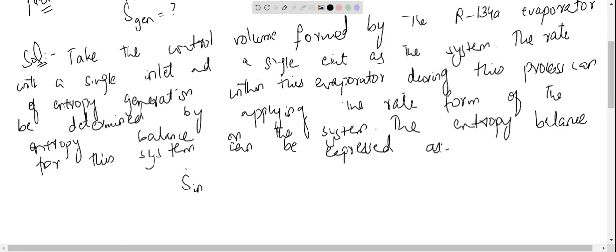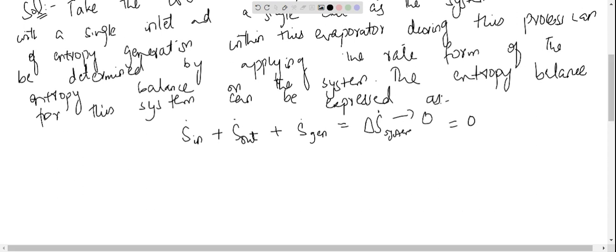The rate of net entropy transfer by heat and mass plus the rate of entropy generation equals the rate of change of entropy of the system. As the system is of steady flow, this equals 0.